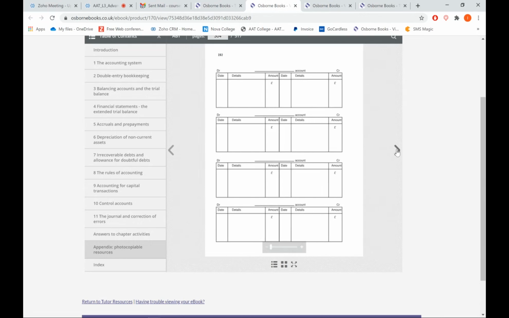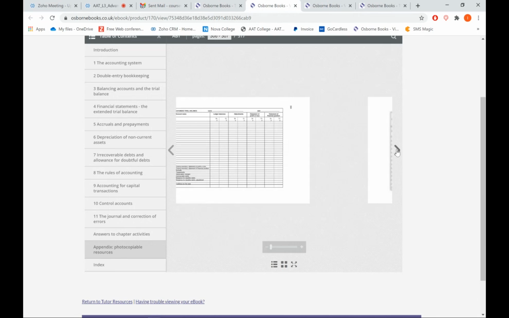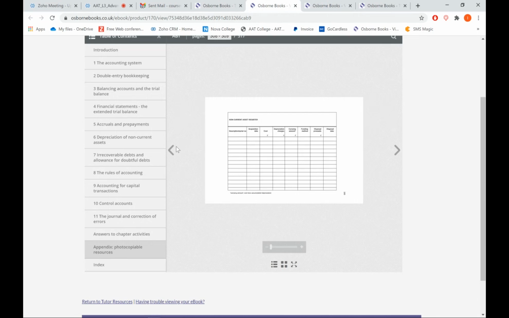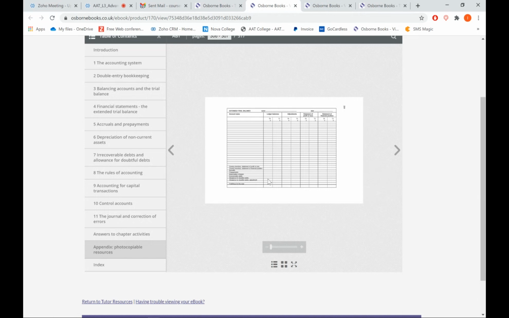So here you will find the extended trial balance format. Here it is. This format, you can even print that. Then try to practice questions in this.